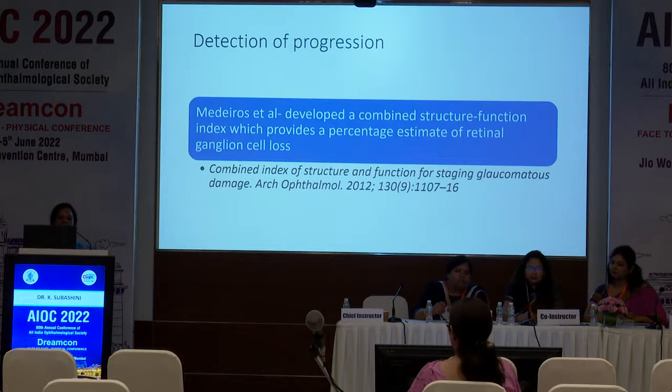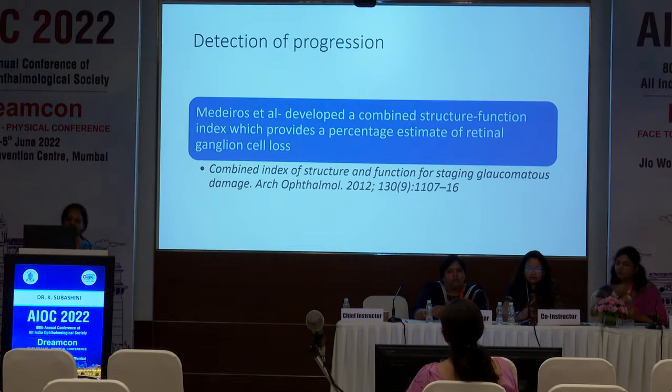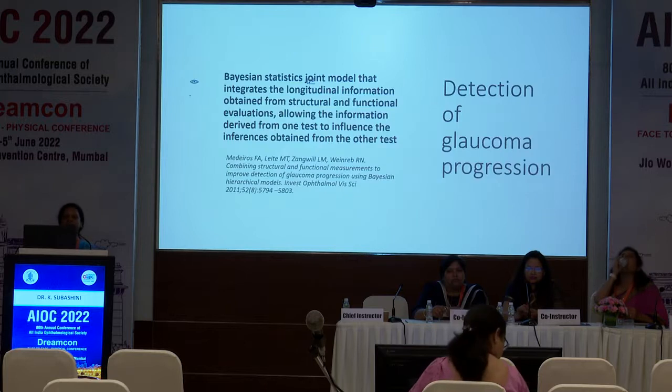combining the changes in structure as well as function. Medeiros et al. developed a combined structure function index to provide a percentage estimate of the retinal ganglion cells. Medeiros used a Bayesian statistics joint model, which integrates the longitudinal information obtained from structural and functional evaluation.